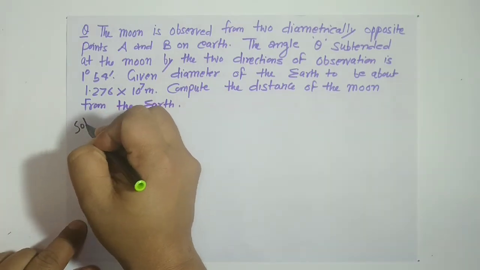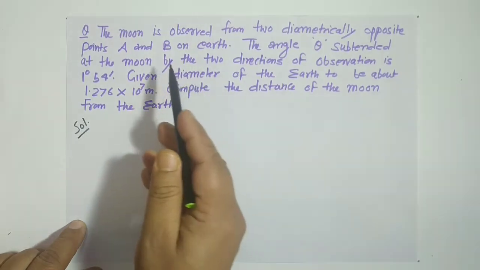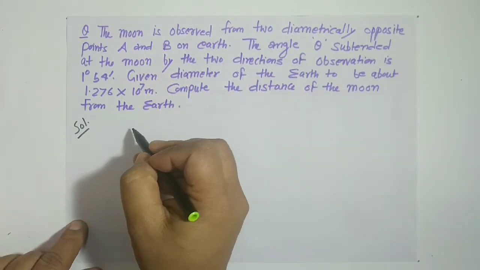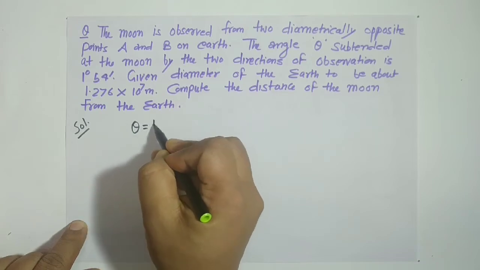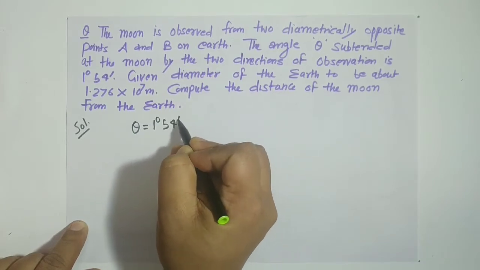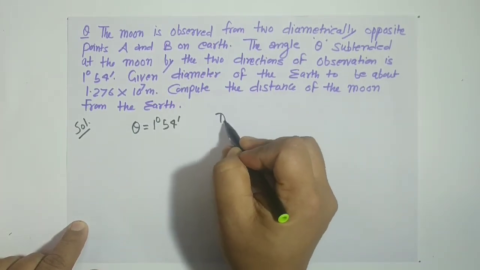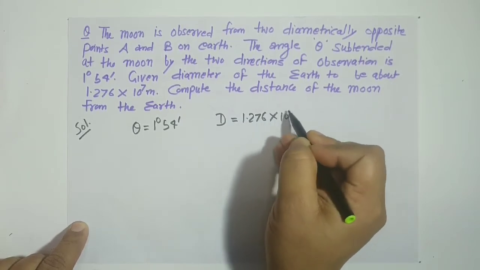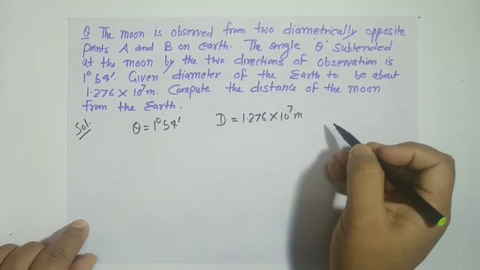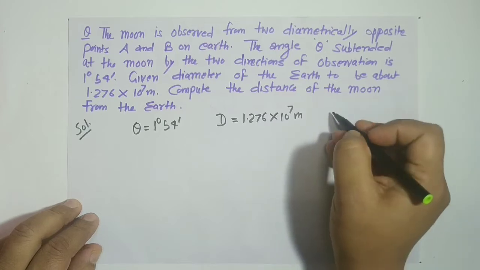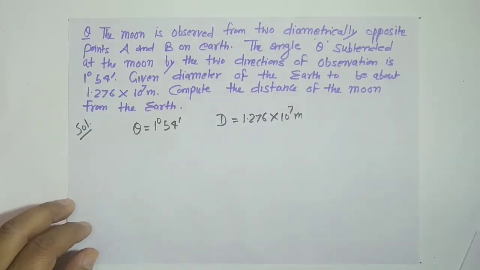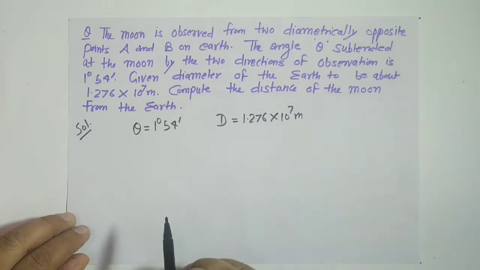Now this is the first question. If you go through what is given: theta subtended at the moon is 1 degree 54 minutes, and the diameter of the earth is 1.276 into 10 to the power 7 meter. What you have to calculate is the distance of the moon from the earth.